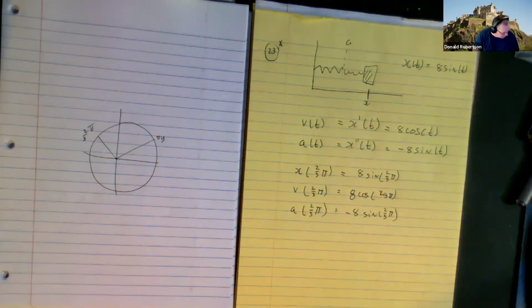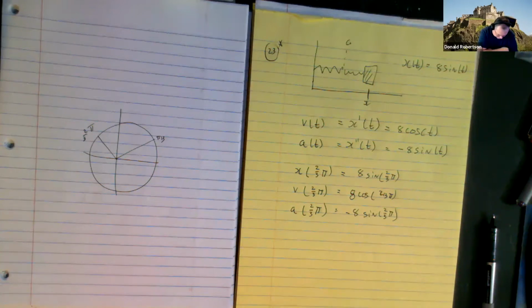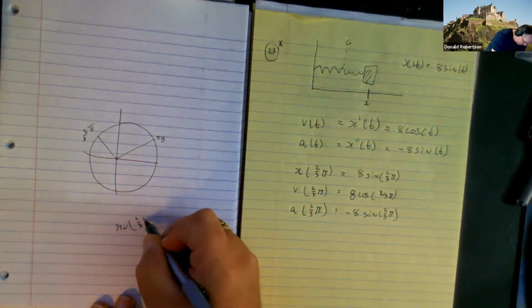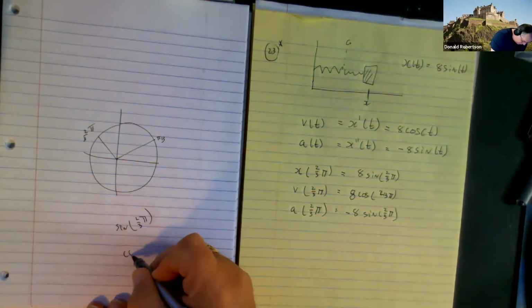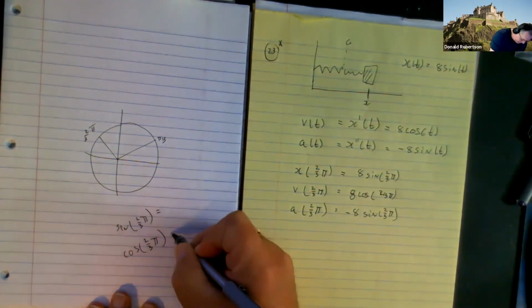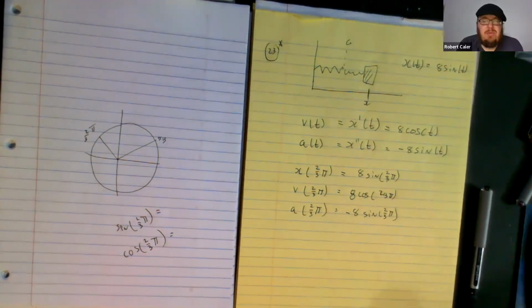So here's the $1 million question. Does anybody know what the exact value of the sine of 2/3 pi is? And later on, the cosine of 2/3 pi. Negative √3/2?